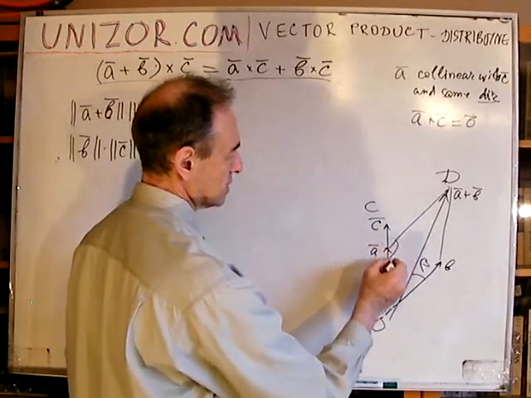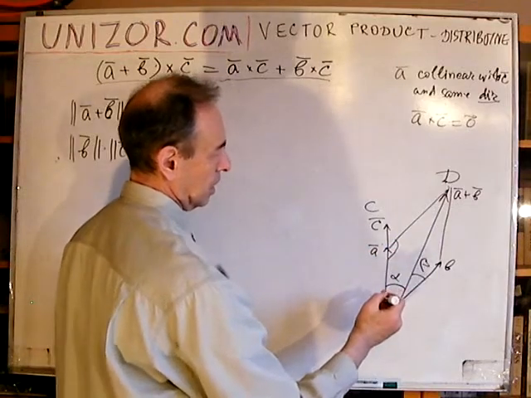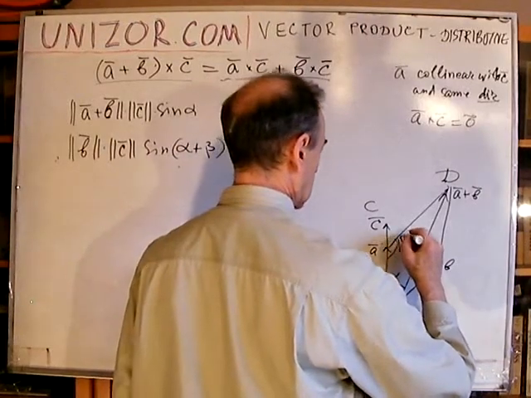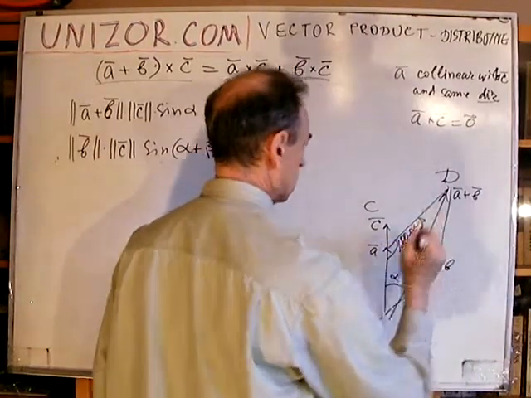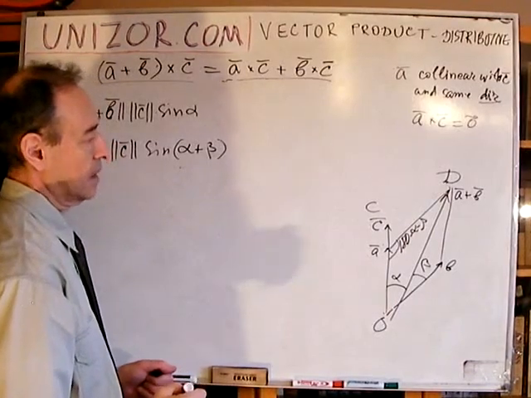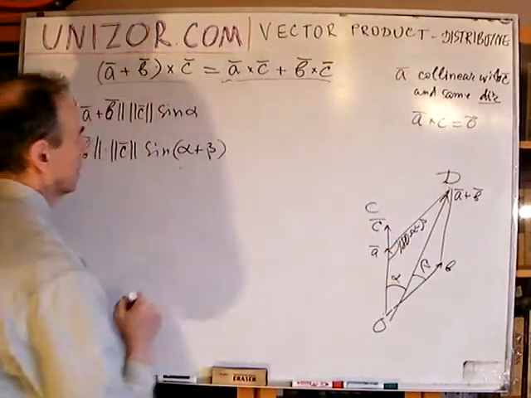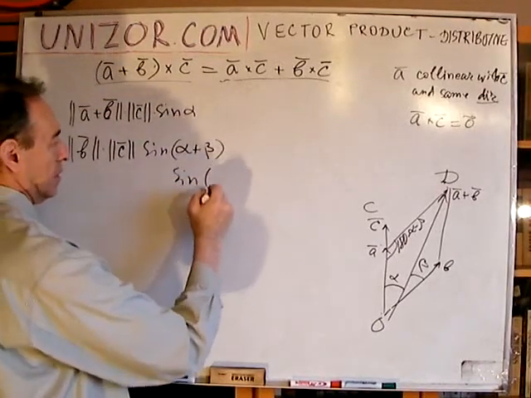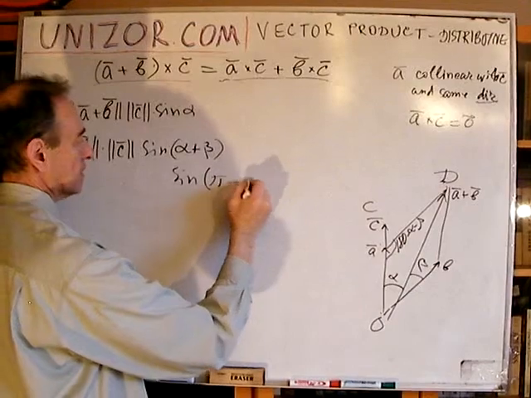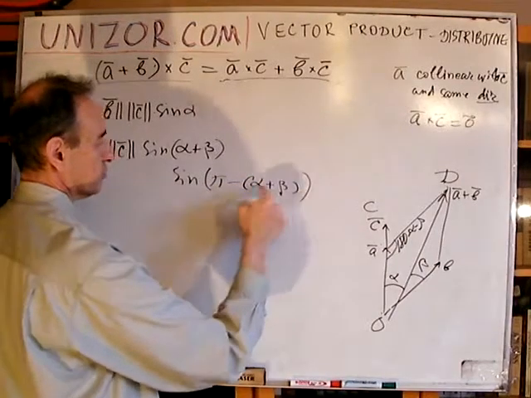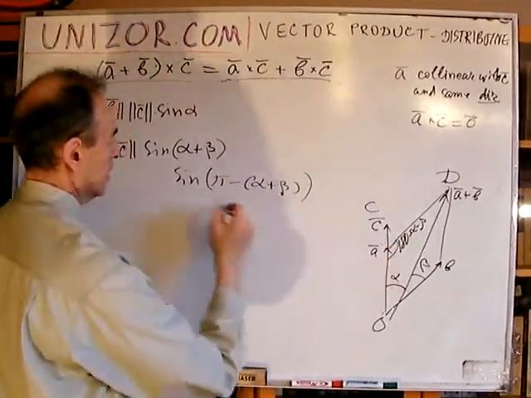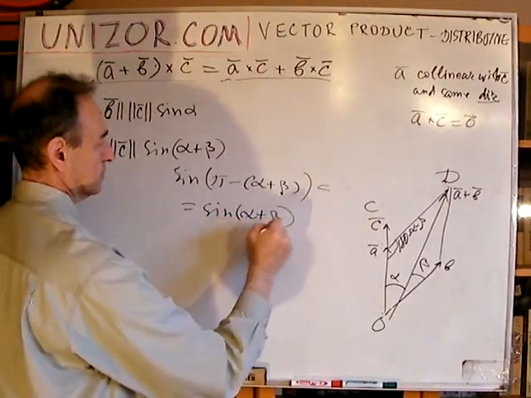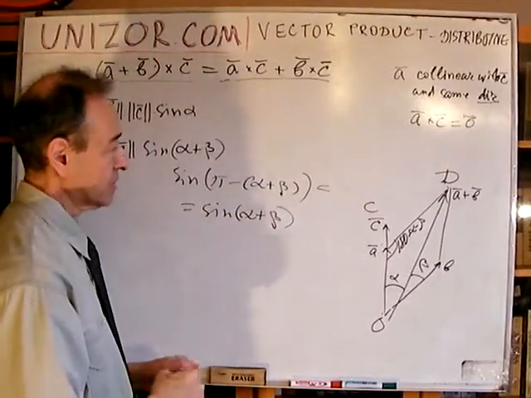So this angle is equal to 180 minus alpha plus beta, right? 180 minus alpha minus beta. Now the sine of pi, which is 180, minus alpha plus beta, I put alpha plus beta in parentheses, is equal to sine of alpha plus beta, right? That's the property of the sine.